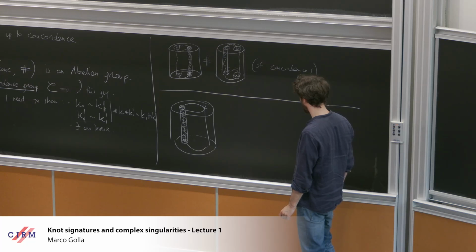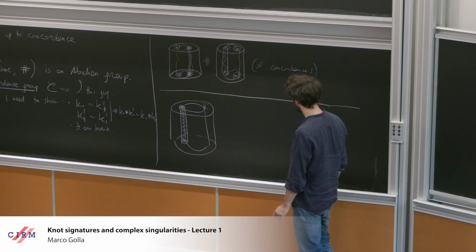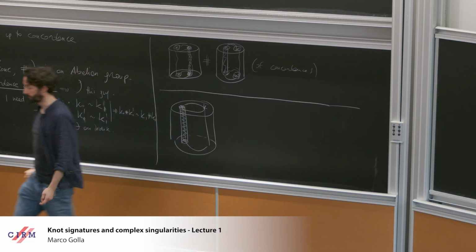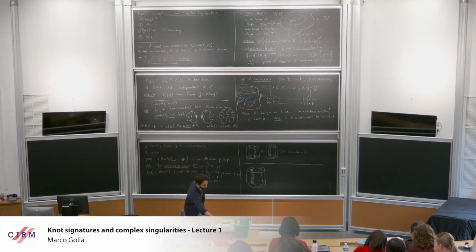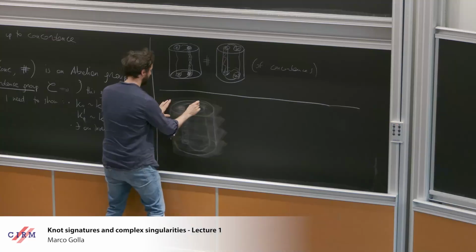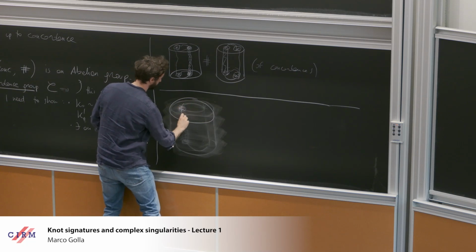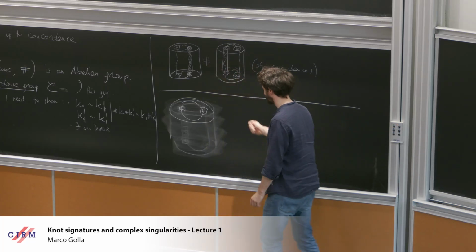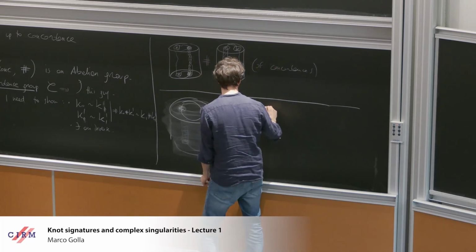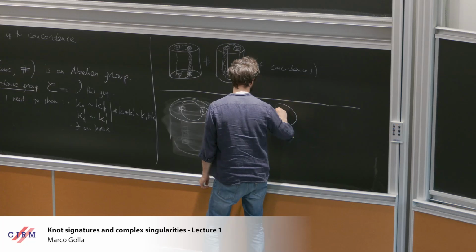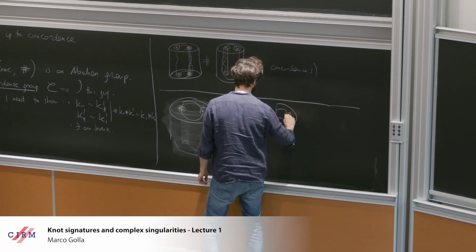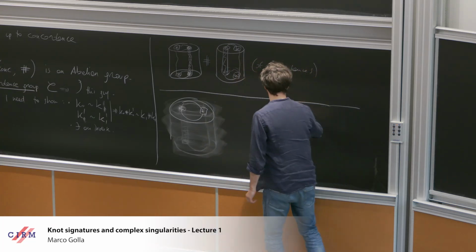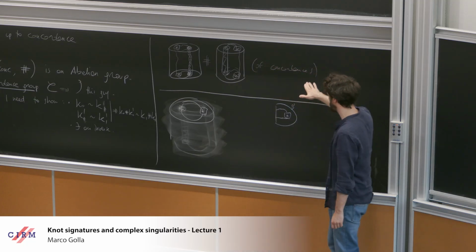Wait, are you carving a path? No, you're not carving a path. Sorry. Forget this picture. You take your knot, you take your standard disk here, you remove it, and you get an arc, or what's called a tangle, in B3. And then you spin this thing around.